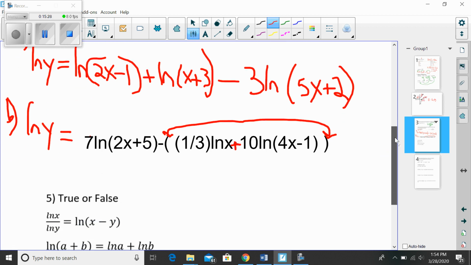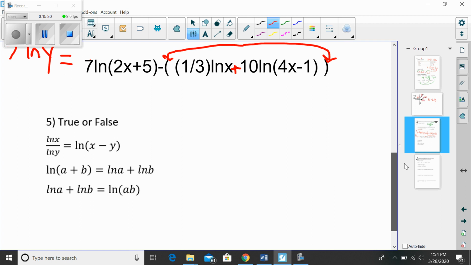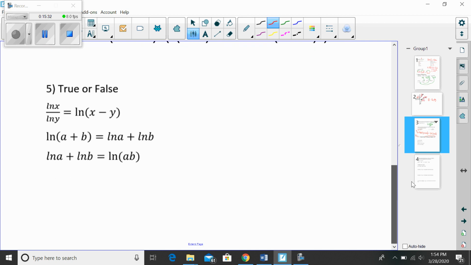So moving on below, let's look at when I have correctly or incorrectly applied the law of logs. Okay, so please compare these three expressions to slide 1 and determine which is correct and incorrect.